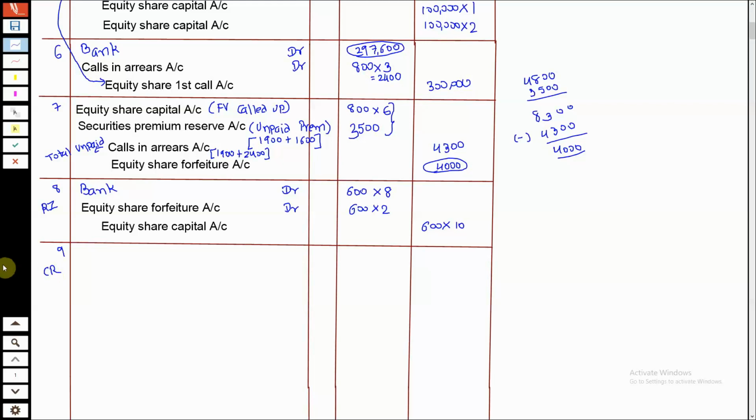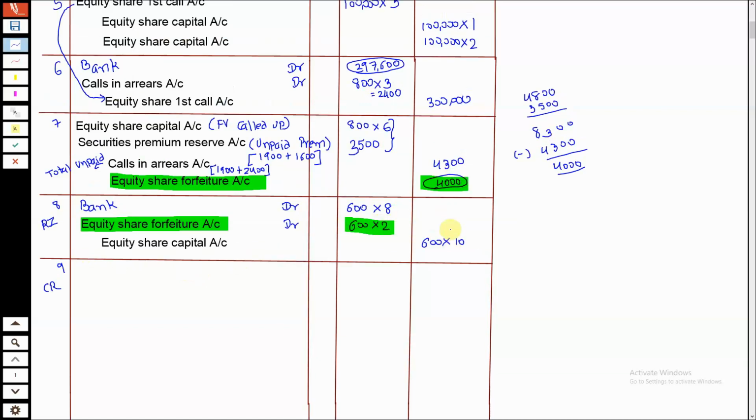Please try to understand the concept behind forfeiture. देखो, forfeiture means आपने उसके shares तो cancel कर दिए, okay, but पैसे refund नहीं दिए, तो it is capital profit for the company. तो in share forfeiture you have credited, okay, and in share forfeiture you have debited. And now credit minus debit should ideally go to the capital reserve. So I will write I wish to cancel share forfeiture account.